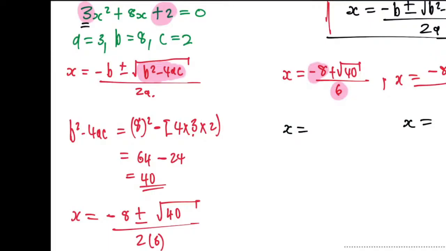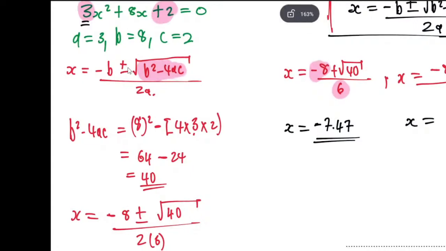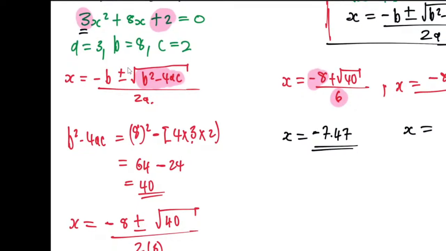Okay, wait. I want you to repeat. I'm just making sure. You said it's negative what? 7.47. Then the other one? Okay, let's do it. Wait. Let me say root.